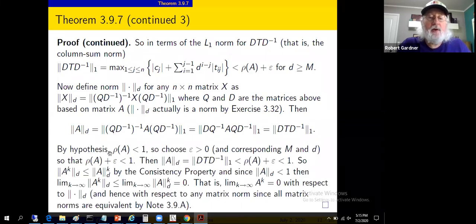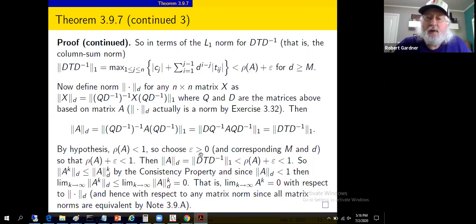Okay, here we've hypothesized that the spectral radius was less than 1. We're trying to show the limit of the sequence of the powers of matrix A is a zero matrix. It's really just an epsilon argument, but quite involved with all these matrices flying around. But we've hypothesized that the spectral radius of A is less than 1.